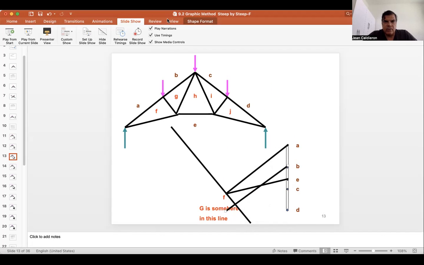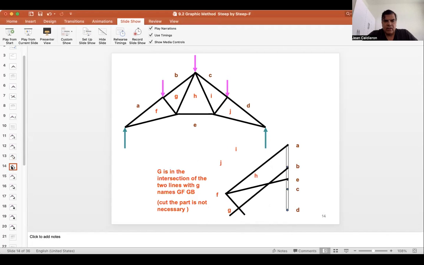Sorry, G will be in this area, here. And we write the name G. And like this, we continue. Okay, G is the intersection between the two lines.